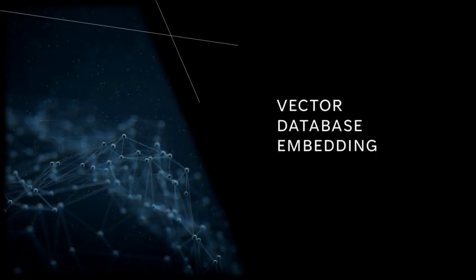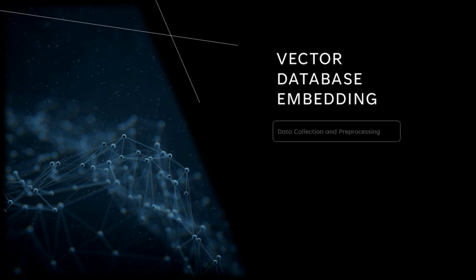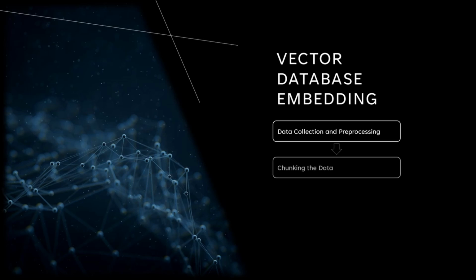Let's take a closer look at the first step of our RAG application, vector database embedding. First, we extract the text data from our knowledge source, normalize it, and tokenize it for model use. Then we chunk the data, breaking down our documents or data sets into smaller, manageable pieces like paragraphs, sentences, or fixed-size tokens.